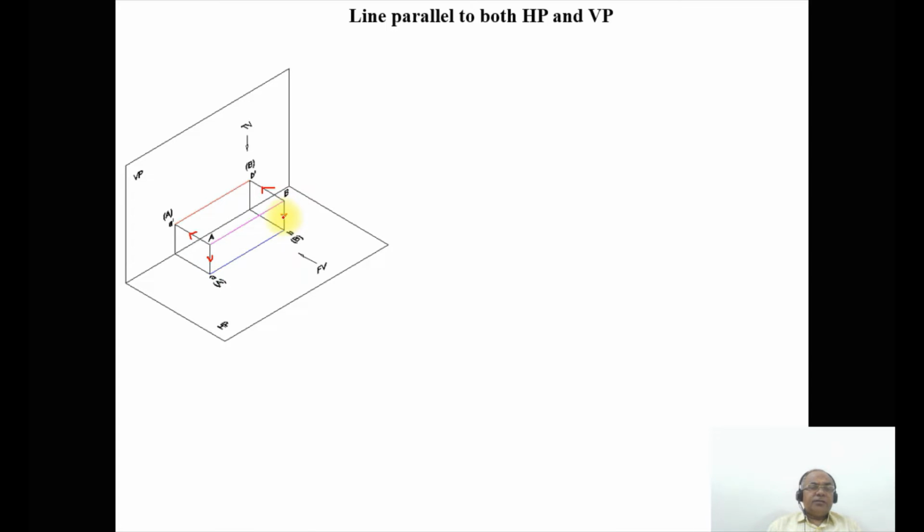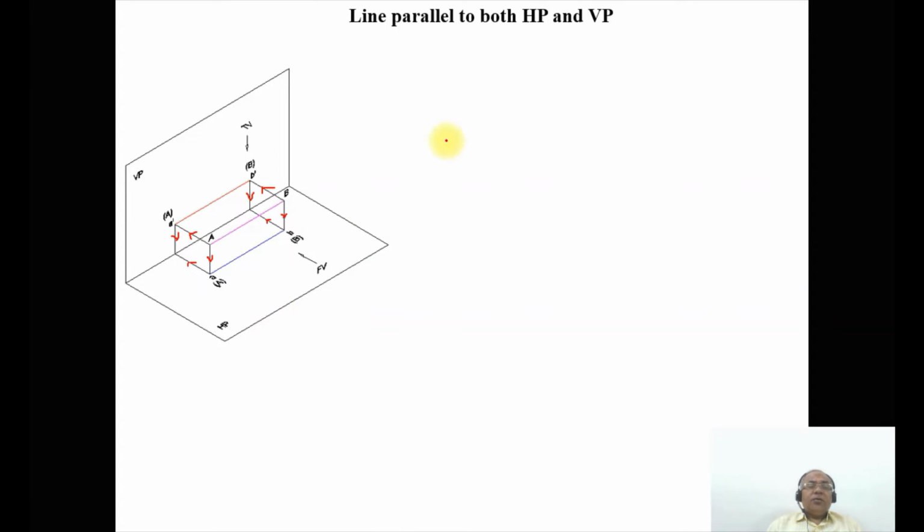So when you look from the front, the image will be like this. Similarly, when you look from the top view, the image formed here will be like this. This is what we get for the first position, that is the top view.